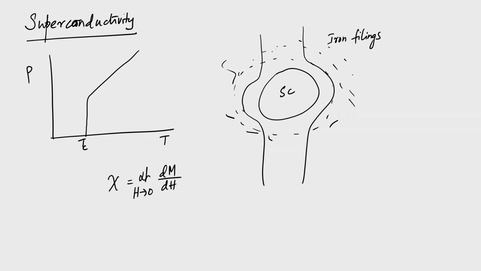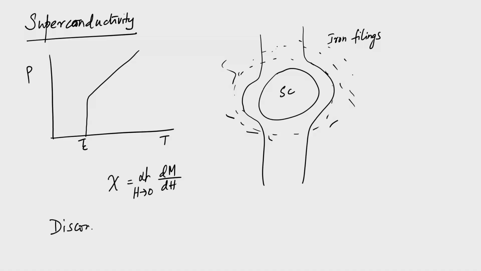From a value nearly equal to 0, it goes to a negative value close to -1, because a superconductor is a perfect diamagnet. So, chi is equal to -1 because M is opposite in direction to H. The susceptibility becoming negative is another test for a superconducting transition.